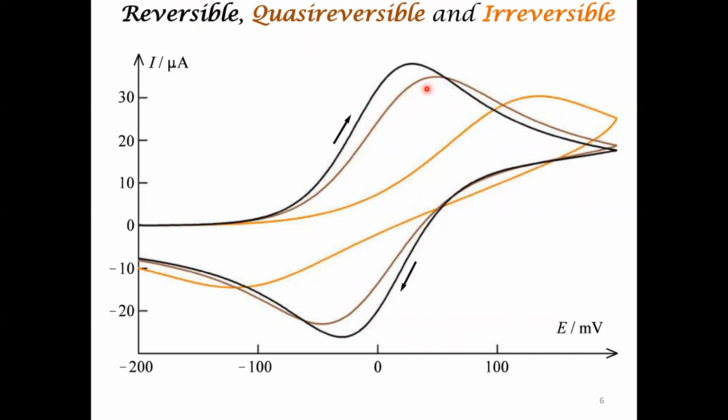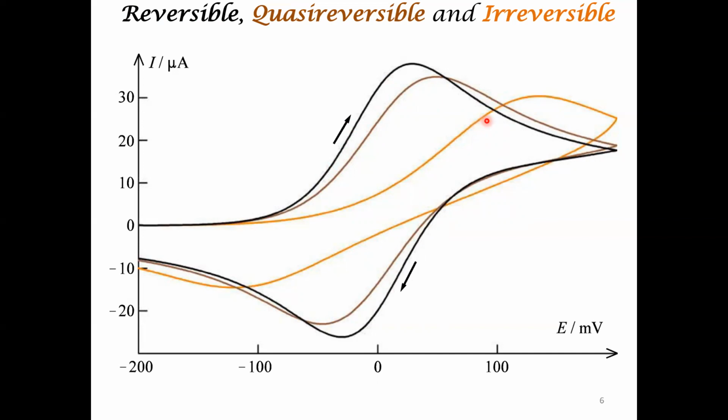That is, it is not as reversible as this system, but still there is some reasonable reversibility. So going from reversible to quasi-reversible, what we see is the delta EP is different from what you have derived for a reversible system. And you can also have a completely irreversible system.